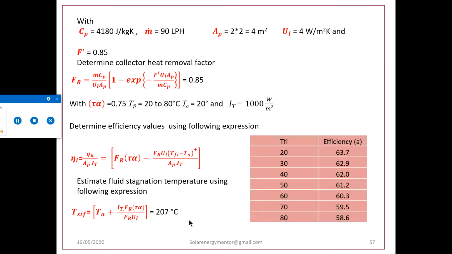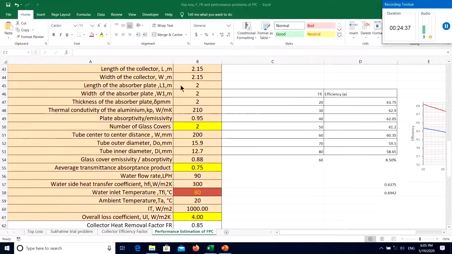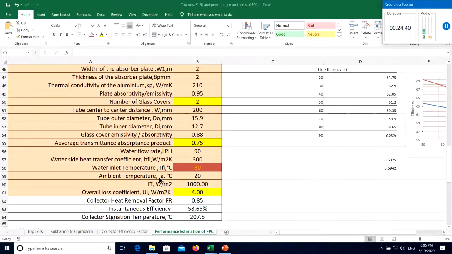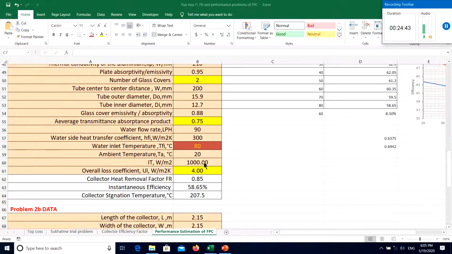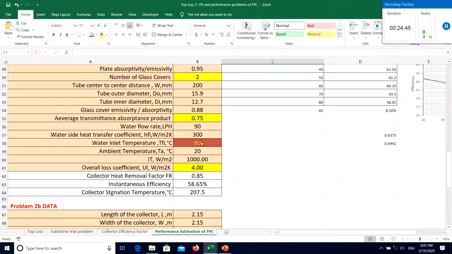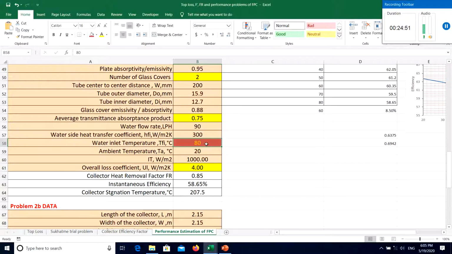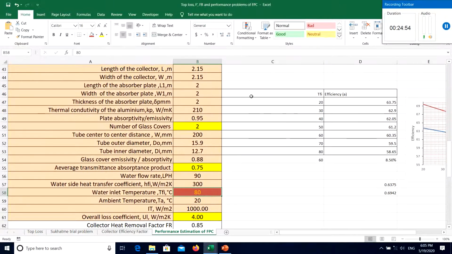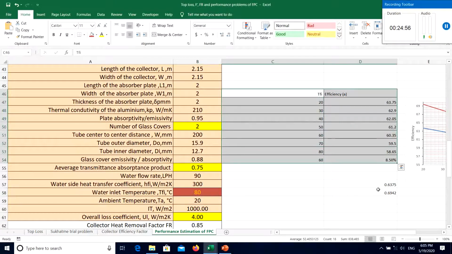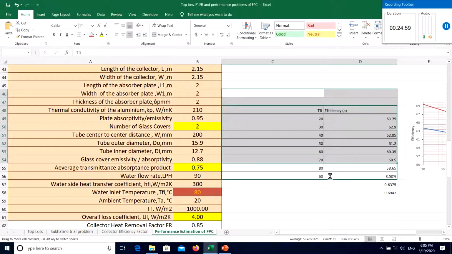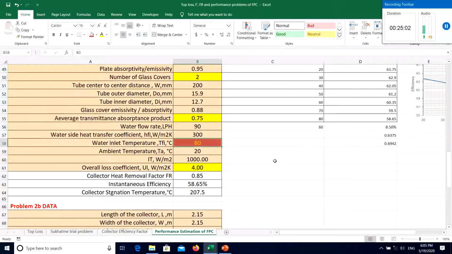I will show you this variation of calculation. This is the data given for problem 2, number of glass covers 2, transmittance absorptance product 0.75, water inlet temperature is this. So we can go on changing. If I change the water inlet temperature to say 40, then I get the value of instantaneous efficiency to be 62.05.